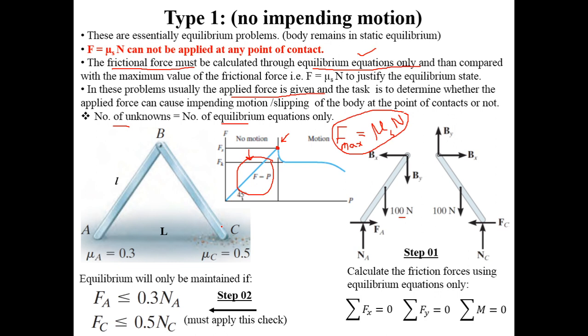Okay, so if it is not going to remain in equilibrium, if this 100 Newton weight is too high to maintain the equilibrium, then these points are going to slip. This means that point A and point C will lie at the point of impending motion, where the friction force is maximum, this value.